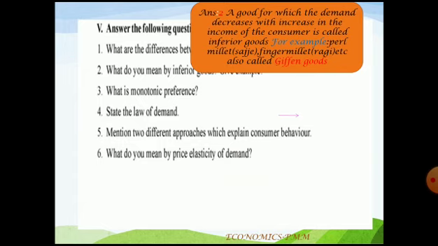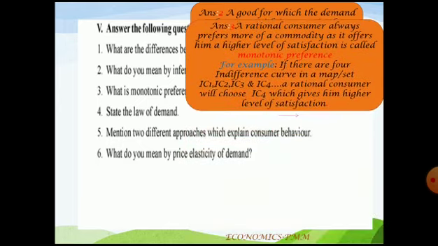Moving to the next question: what is monotonic preference? Any rational or wise consumer always prefers more of a commodity as it offers him a higher level of satisfaction. This is called monotonic preference.